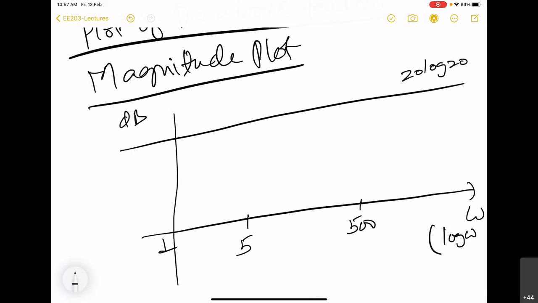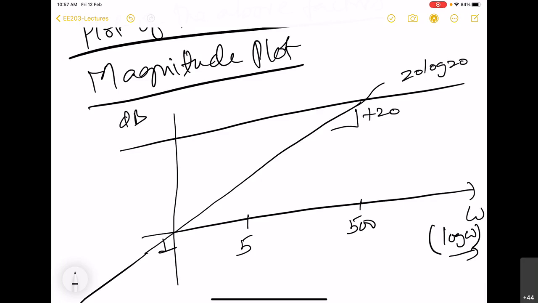This is log omega. So it will pass from here with a slope, and this will extend from minus infinity to plus infinity for log omega. The slope is going to be plus 20 dB per decade.